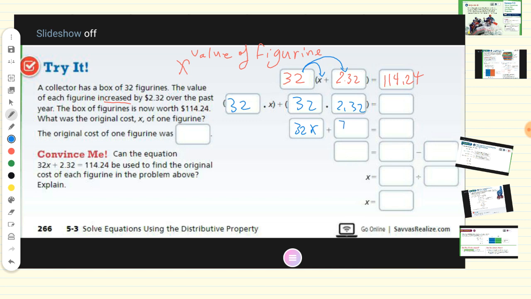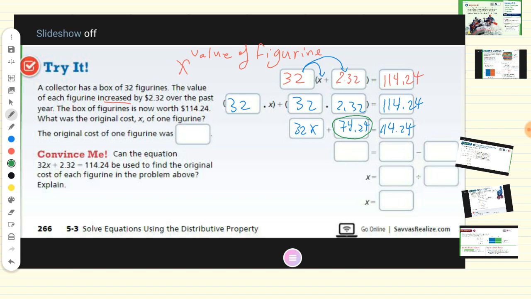It will be 74.24 equals the same number, 114.24. Again, we need to finish this two-step equation. First step is to subtract this number from each side.